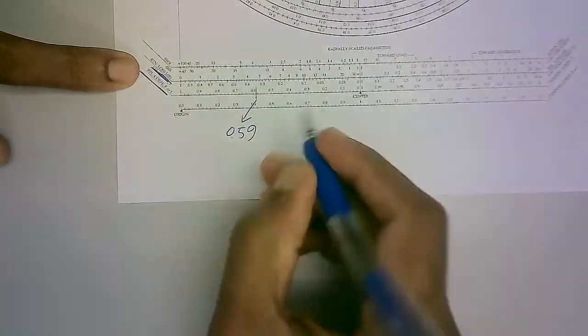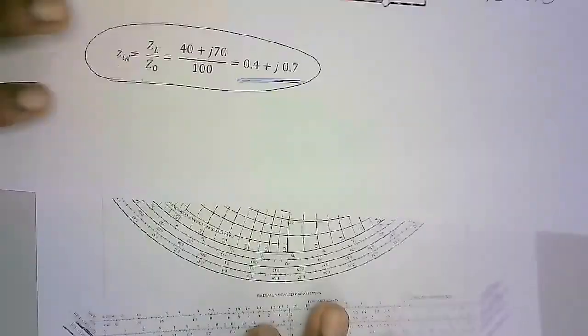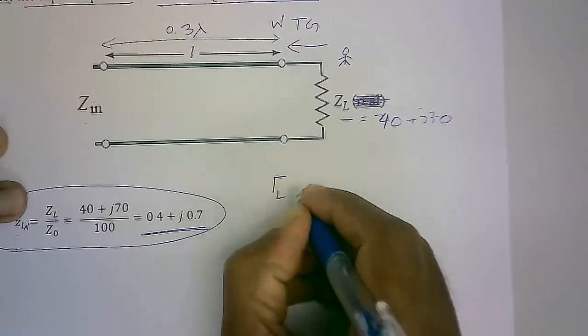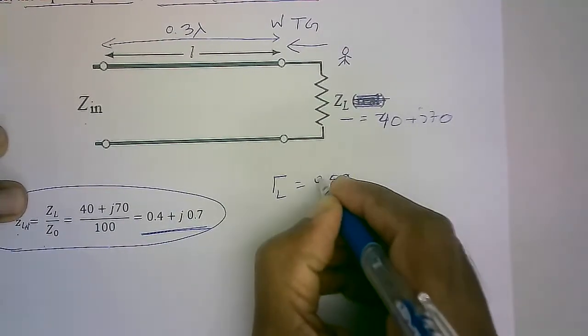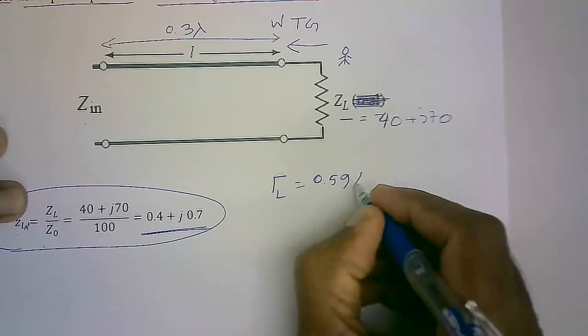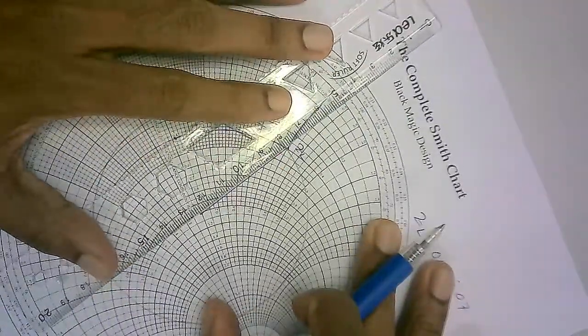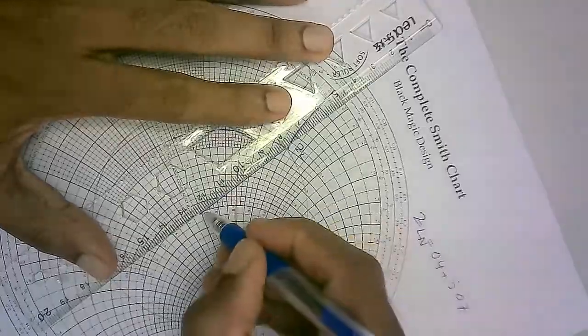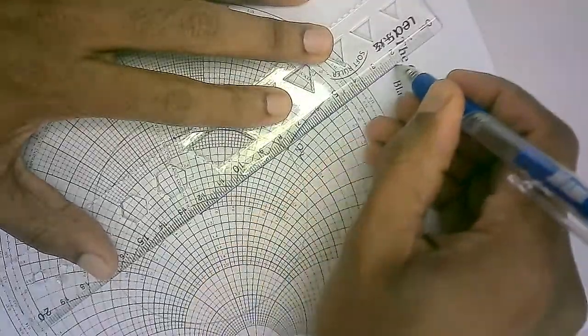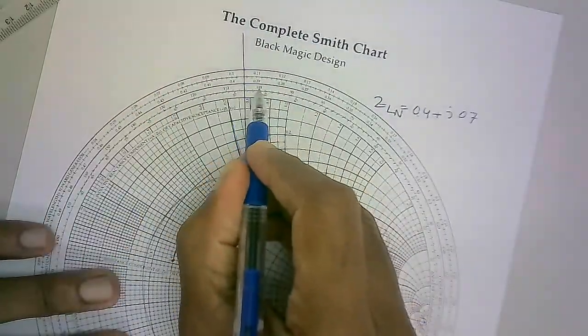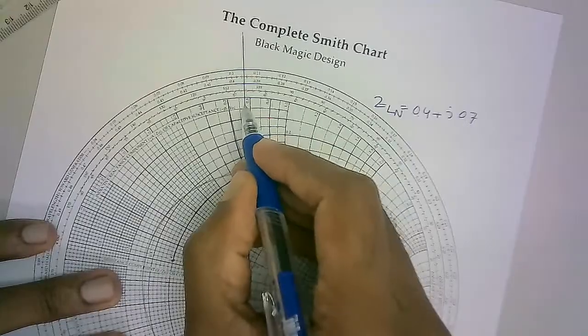Which is basically 0.59. So our first gamma L, we got it: 0.59. But what is the angle? The angle you find here. So you need to extend this line and see these are the angle.